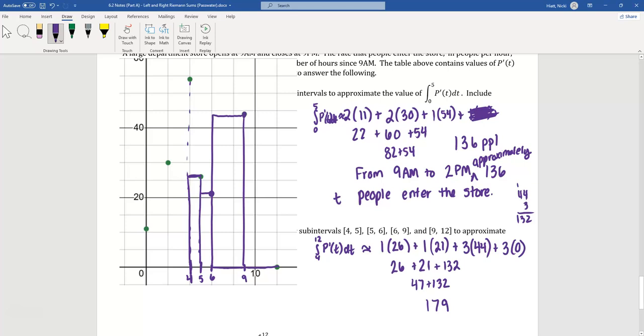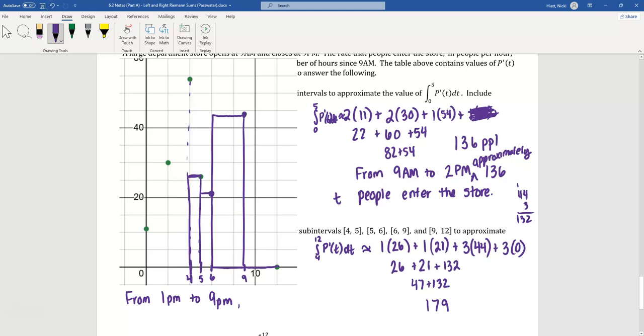We need to start off talking about our time interval. From 4 to 12, what time would 4 hours be? All right, so from 1 p.m. to what time is 12 hours going to be? 9 p.m. Okay.